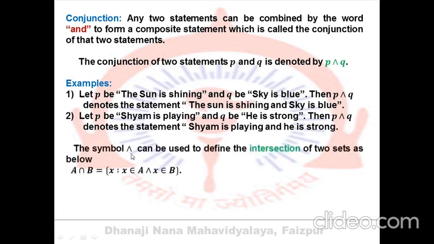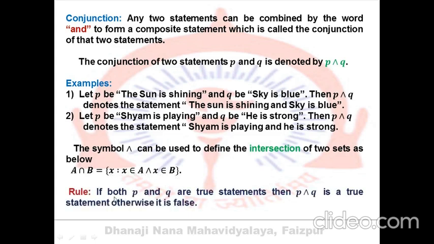The symbol and can be used to define the intersection of two sets as below. A intersection B is equal to the set of all x such that x belongs to A and x belongs to B.